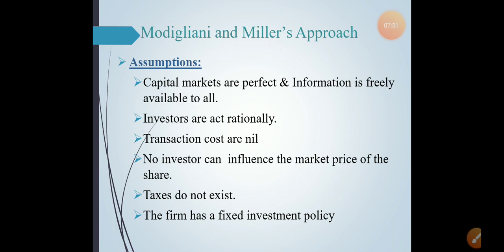We do not always act rationally. Transaction costs are nil. There may be a transaction cost for buying and selling securities, known as brokerage. No investor can influence the market price of the share, but there are some investors, such as foreign financial institutions, that can impact the market price because they are large investors.